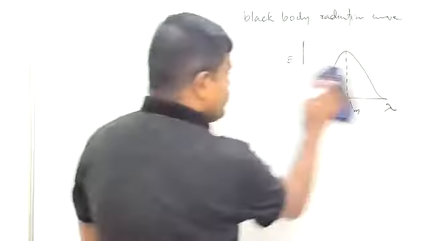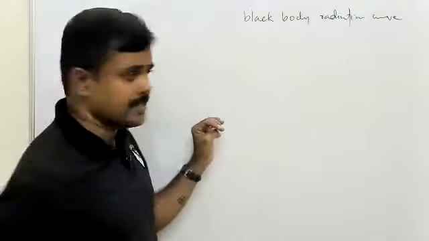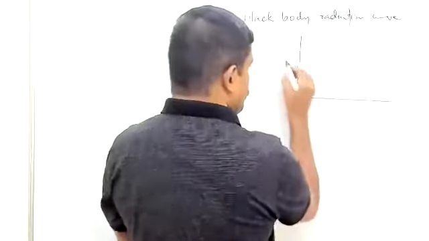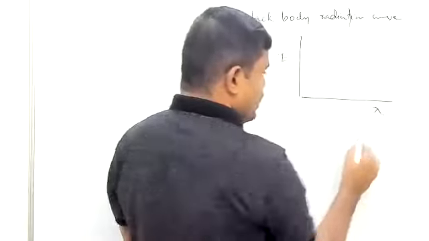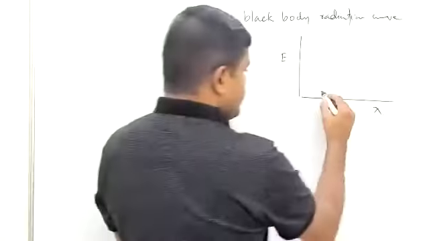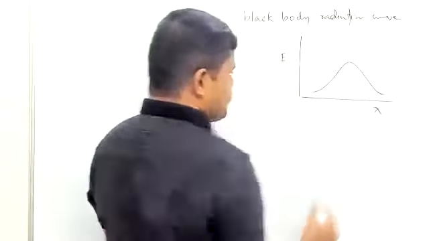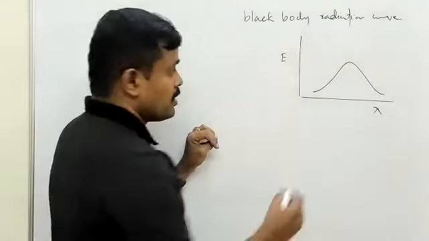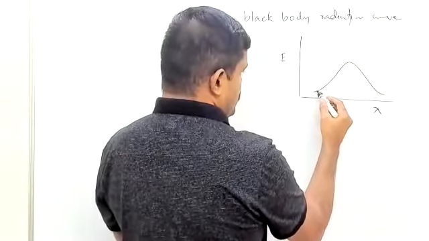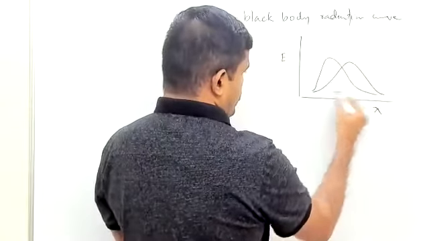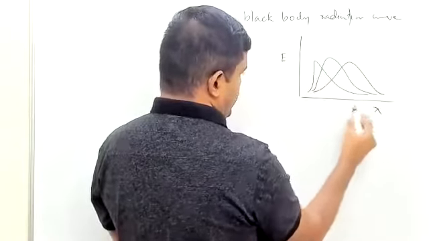I'll draw it one more time. Let us not intercept it with the x-axis. I'm drawing a few of them. This is total emittance here, and I'm drawing lambda here. I told you different wavelengths are emitted. So this is one of the graphs. I'm drawing another graph here, and another one like this.